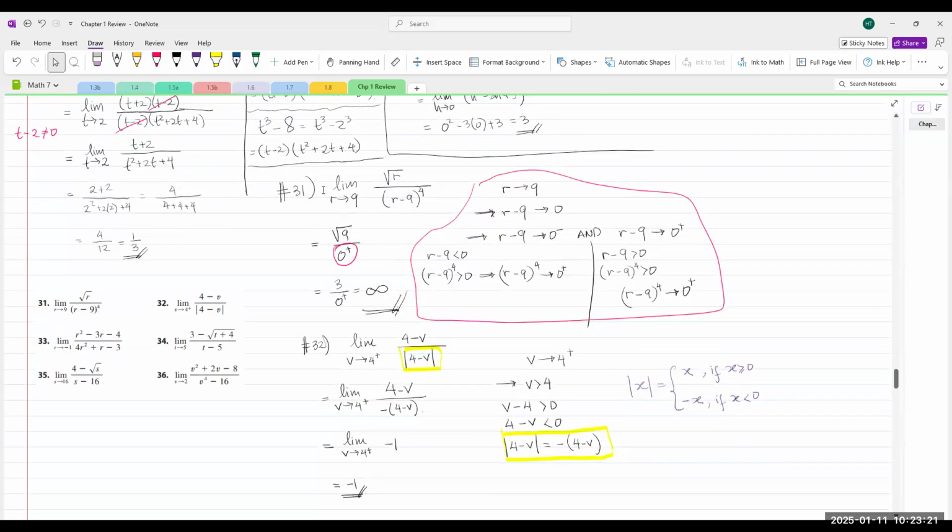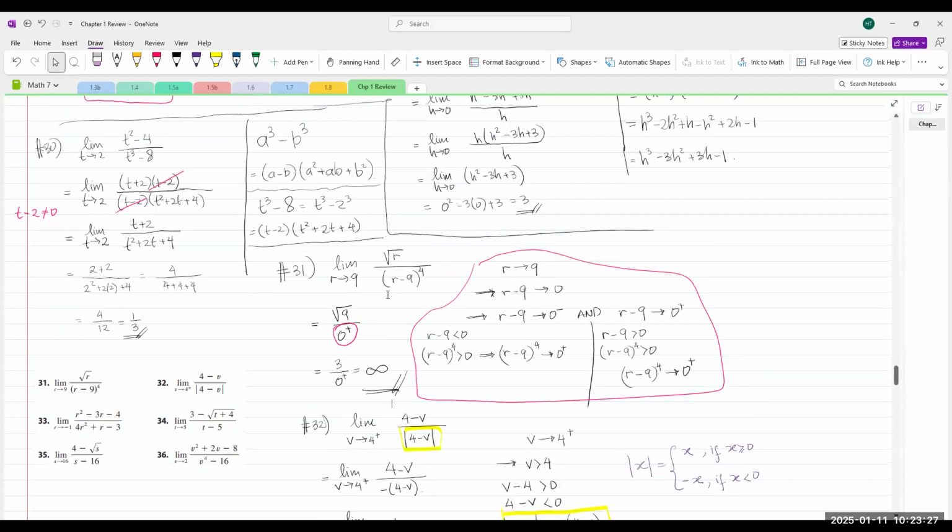Okay, number 31, even though it takes only 2 or 3 steps as you see here, is actually the hard one. Why? Because 9 is not in the domain of the function, and at the same time, there's no way for us to simplify that. So I have to do this analysis, like when r approaching 9, then r minus 9 approaching 0.